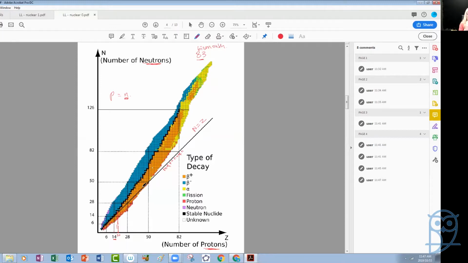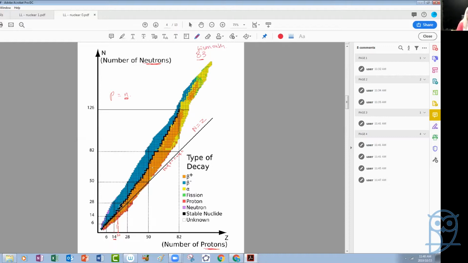Anyway, so we see that the neutrons maintain some stability in between the protons, because the neutrons experience the attractive strong nuclear force and maintain some stability.